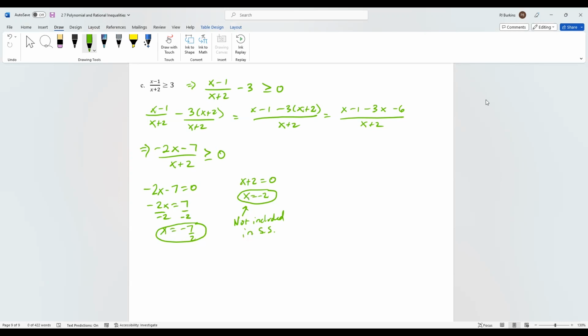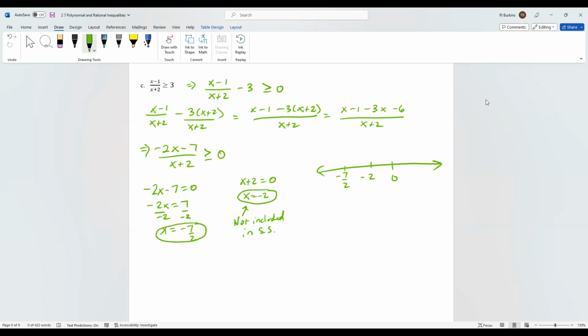Okay, break up your number line. We've got, let's put 0 over here. We've got -2 and -7 halves, right? Negative 7 halves, that's minus 3.5. So that's bigger than negative 2, at least negatively.